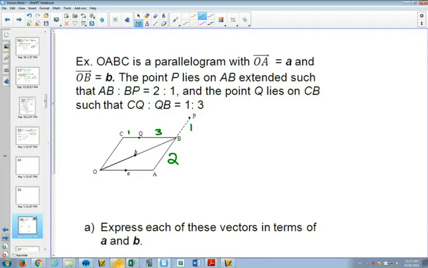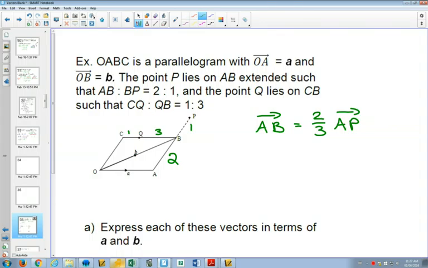With those ratios, where that's going to come in handy is to see, can you see that going from the vector A to B is the same as going 2/3 of the way from A to P?